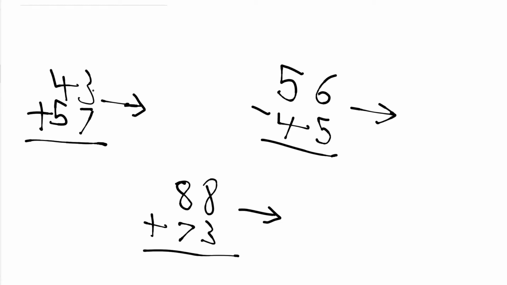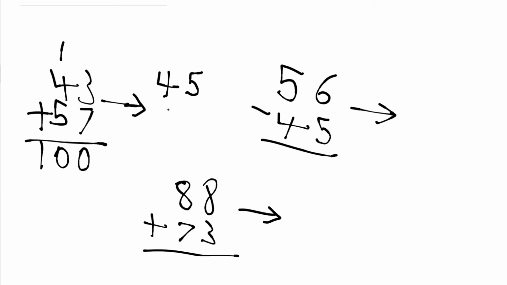So 3 plus 7 is 10. So we put 0 right here and 1 on the top. So 1 plus 4 is 5. 5 plus 5 is 100. So we put 100 like this. The nearest number to 43 is 45. So we put 45 like this. Then the closest number to 57 is 55.